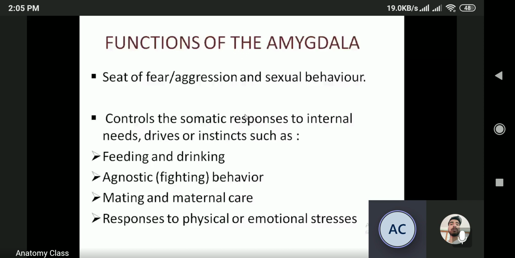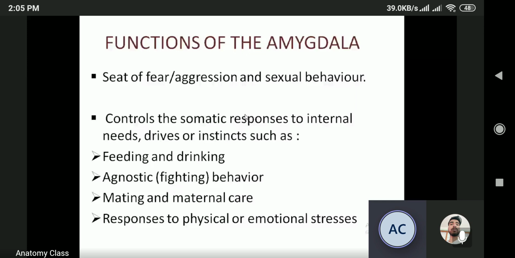Such horrific scenarios may disturb them throughout their life. All of these things are because of the amygdala, because it is the seat of fear or aggression.